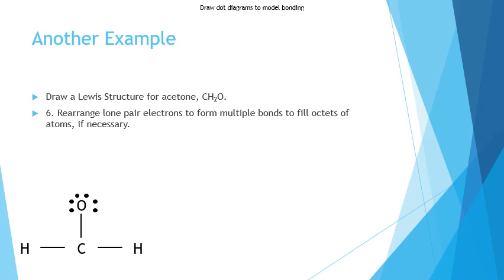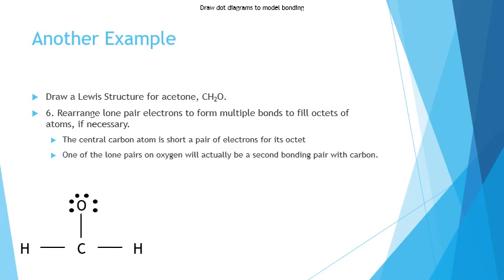So now is where step 6 comes into play. We are going to rearrange one of those lone pairs from the oxygen in order to get carbon to have an octet by forming a multiple, or what we call a double bond, with the carbon. So one of the lone pairs on the oxygen will actually be a second bonding pair with carbon. So just visually here, I'm just drawing an arrow going from one of these lone pairs down towards this where we're going to put the bond here.